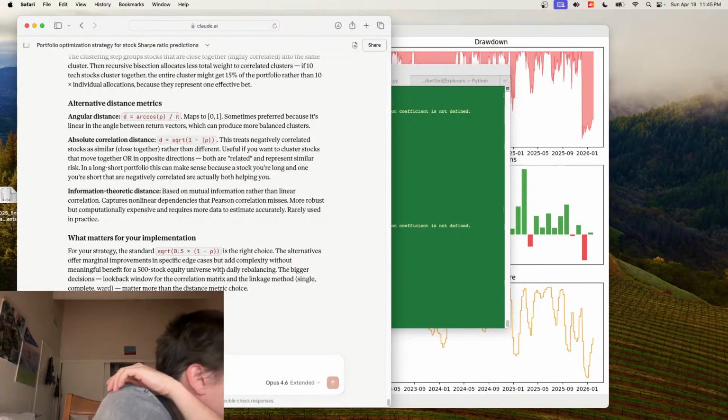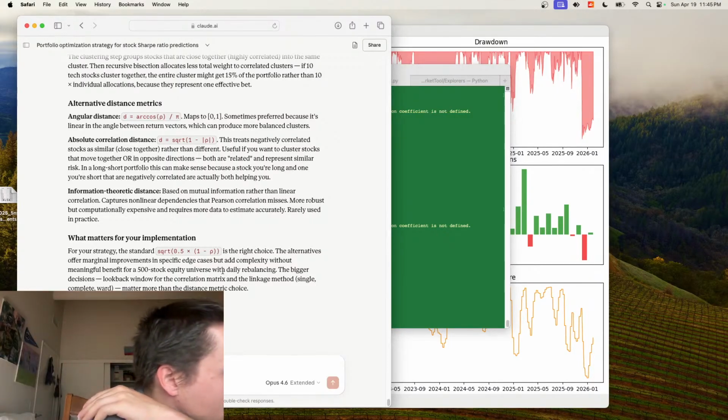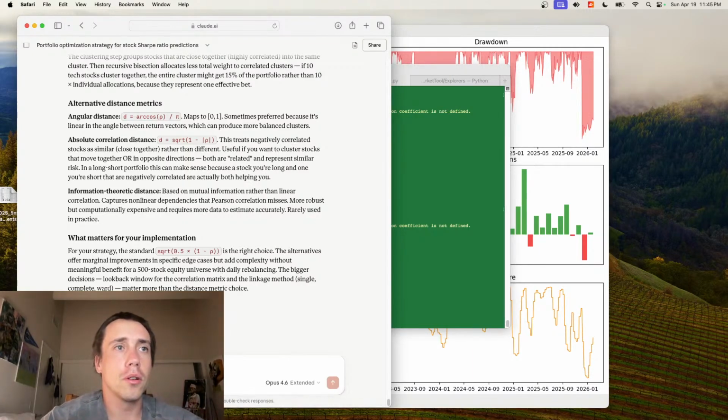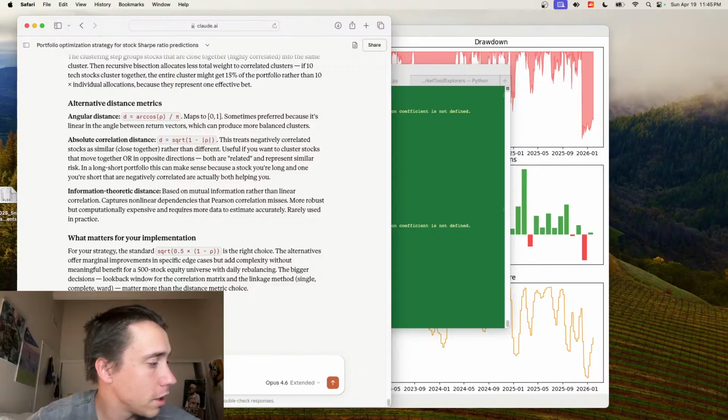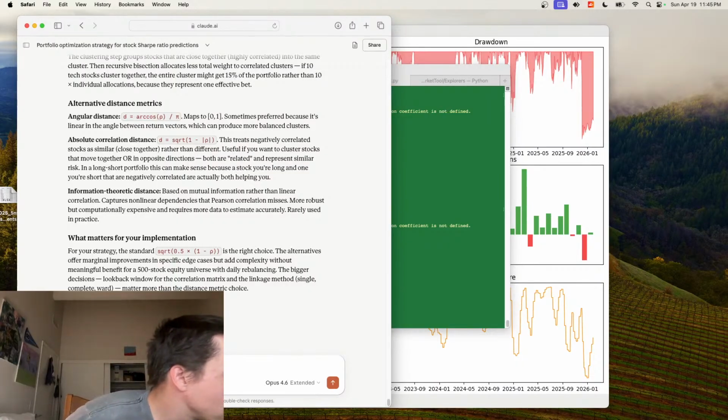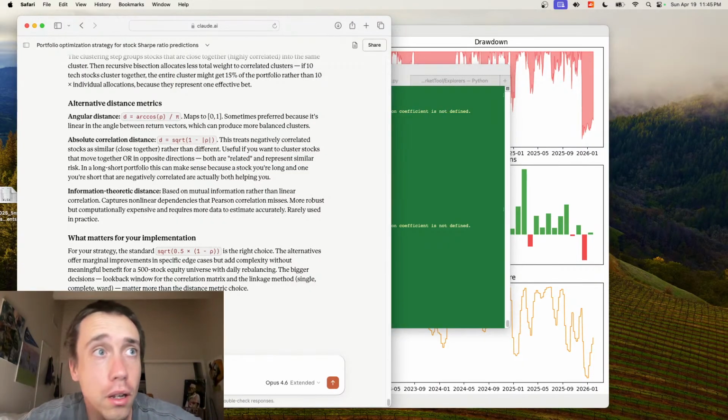So, okay, step 1, define a distance metric so that correlated assets are close to each other, and apply single linkage clustering to identify hierarchical relationships. So what is single linkage clustering, and how does it identify hierarchical relationships?